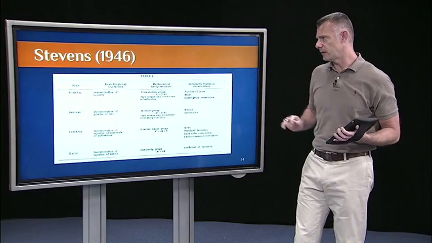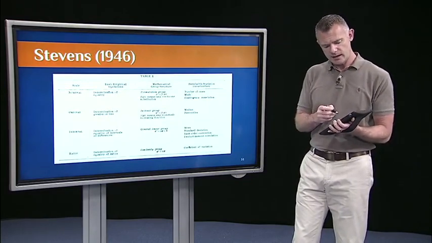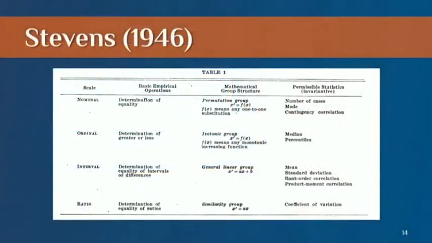So in this classic paper by Stevens in 1946, he came up with these 4 distinct categories or types of variables because there are different types of things we can do with these kinds of variables. I know this font is a little fuzzy and hard to see.